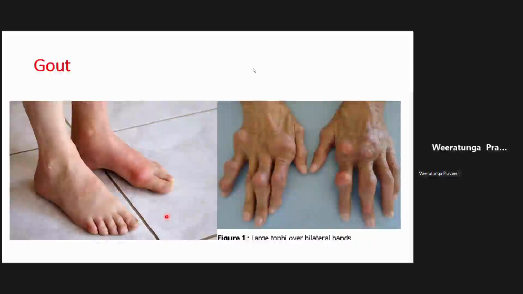But remember that gout can also have a more chronic form, which is characterized by polyarticular involvement and tophi, as seen in the picture on the right side of your screens. So the common acute presentation is first metatarsophalangeal joint involvement, but you can get a polyarthritis with tophi appearance as well. There are various forms of the disease.